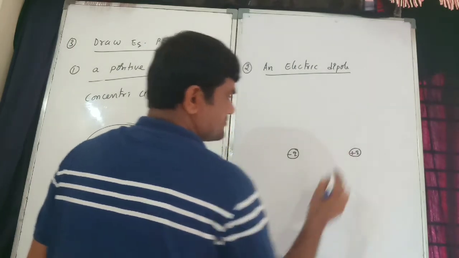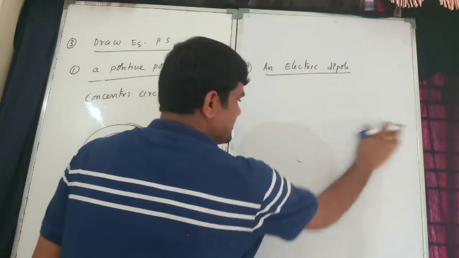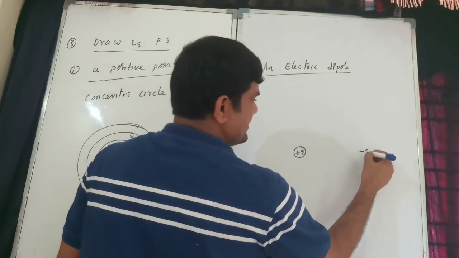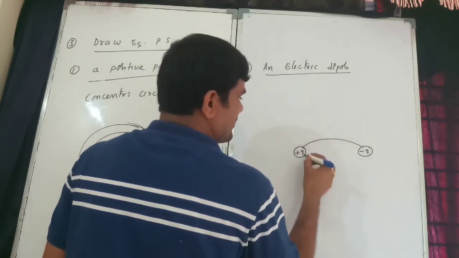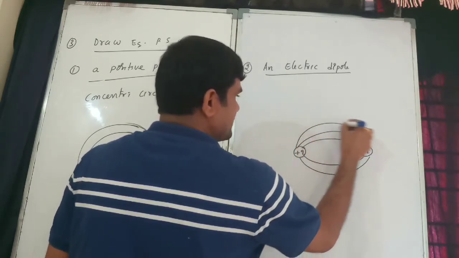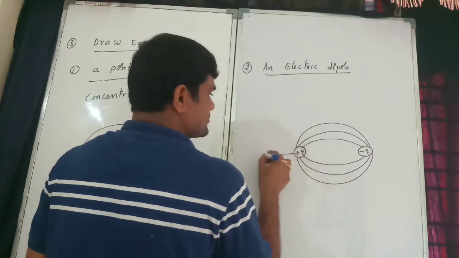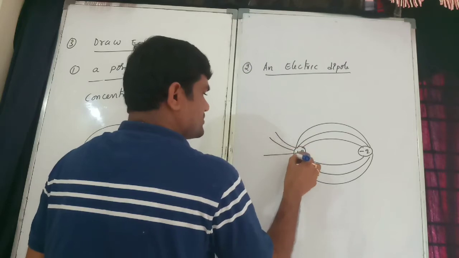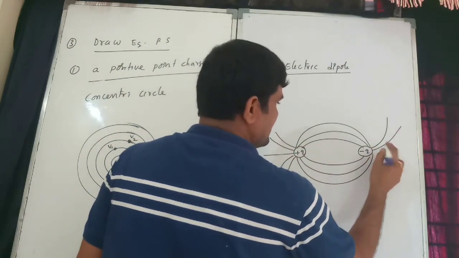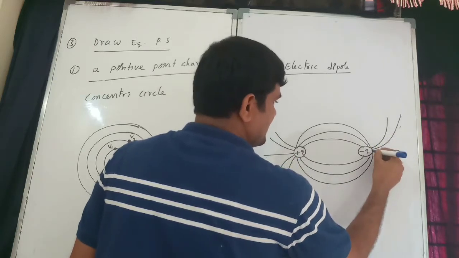Field lines go from positive to negative. Remember, field lines never intersect.